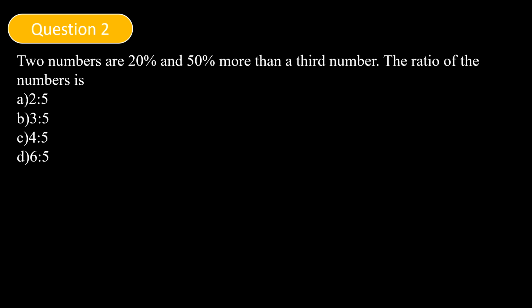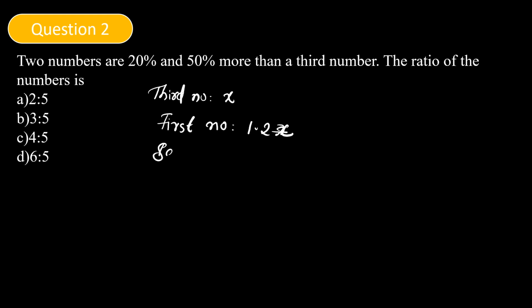Two numbers are 20% and 50% more than a third number. The ratio of the numbers is? Let the third number be x. It is said that two numbers are 20% and 50% more than the third number. That is, the first number is 20% more than the third number, that is, 1.2x.